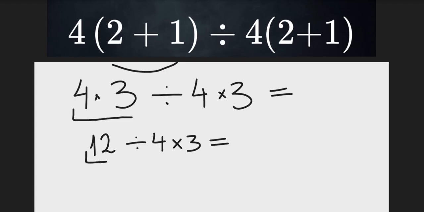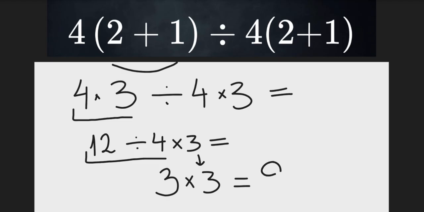We do 12 divided by 4 first. 12 divided by 4 is equal to 3. And finally, we copy multiplied by 3. So 3 times 3 is equal to 9. And 9 is the answer to this question from the beginning. So we have just proved it is not 1, it is 9.